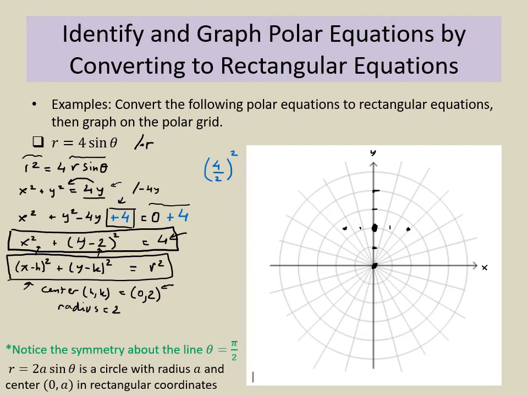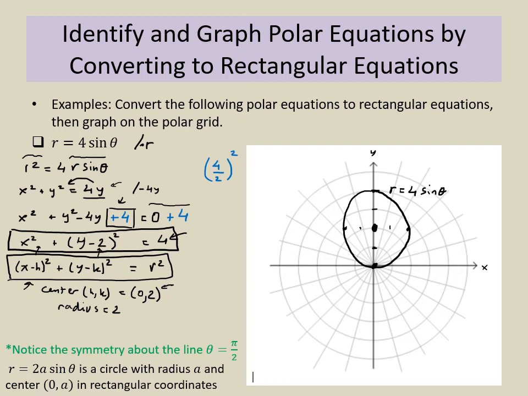What does that circle look like? There we go. And that is the graph of the polar equation r equals 4 sine of theta.